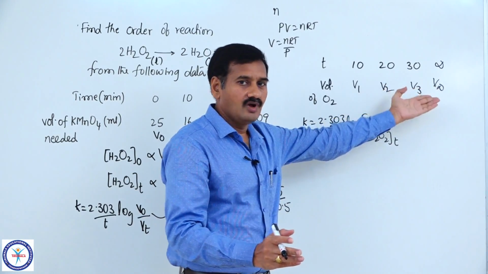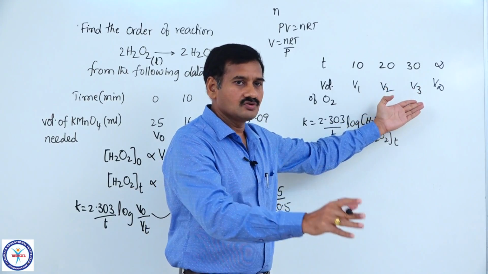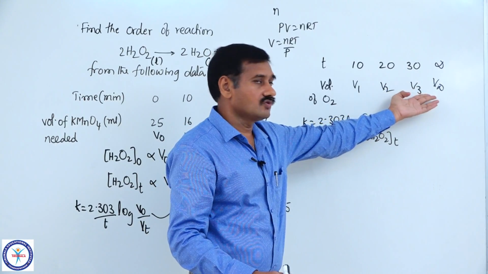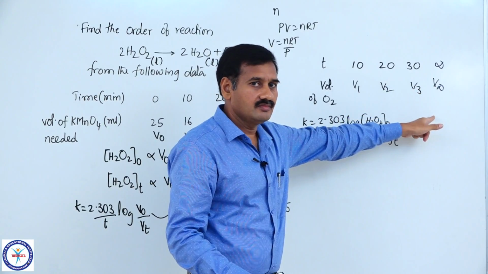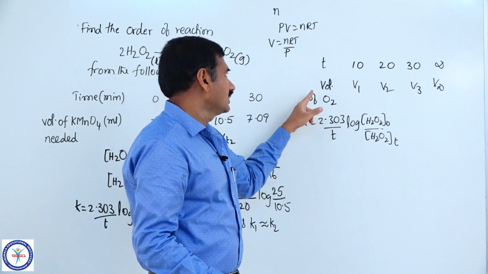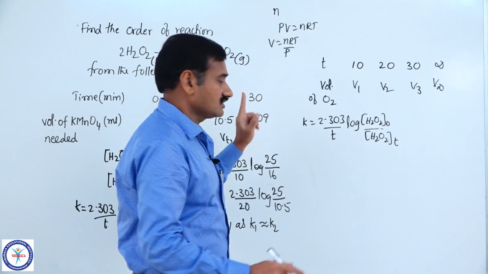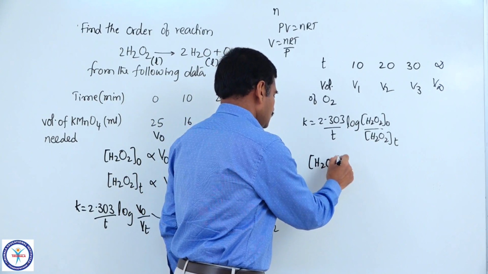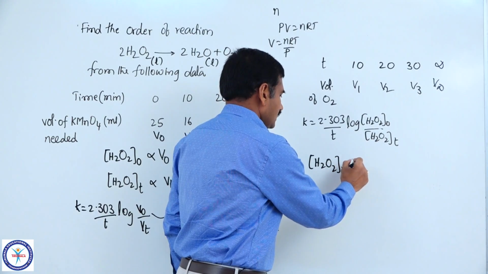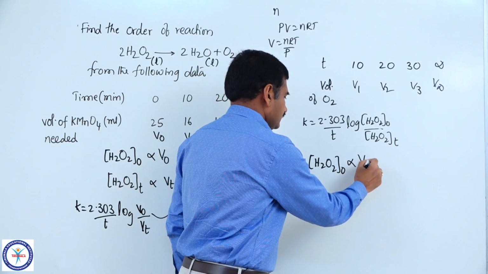At infinity time, all the molecules of H2O2 are dissociated, and the maximum volume of O2 is produced. So, the volume of oxygen produced at infinity time is proportional to the initial concentration of hydrogen peroxide. So, the concentration of H2O2 at time 0 is proportional to V infinity.